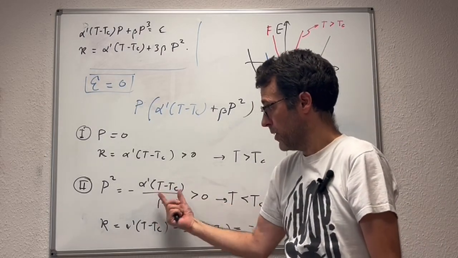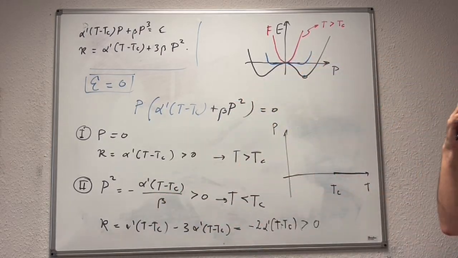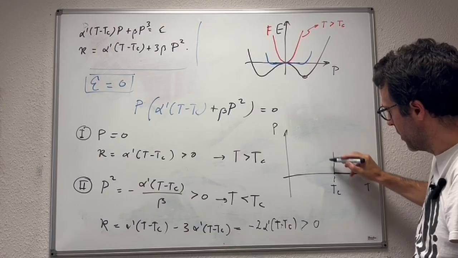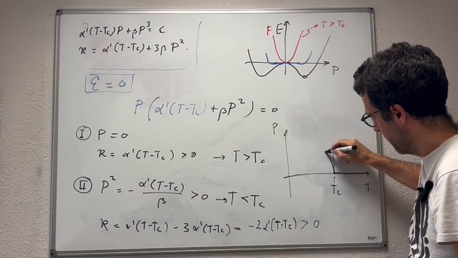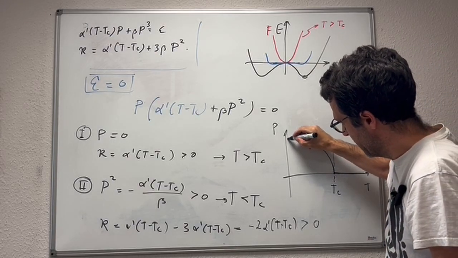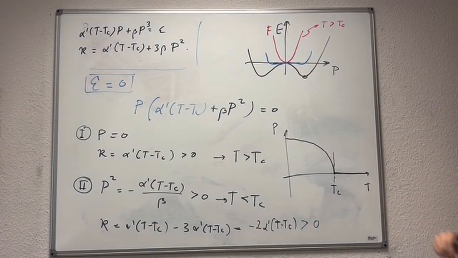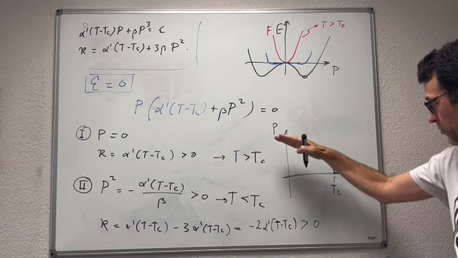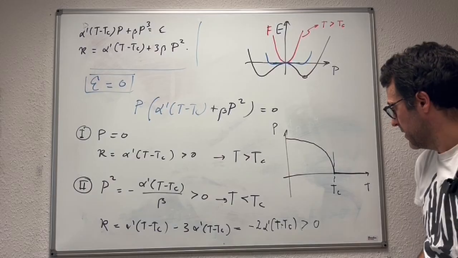So it goes with the square root of the difference in temperatures, and it has an interesting feature, which is that the slope here goes to infinity. We will look at this feature later, but it's going to look something like that. The only salient feature is the slope at which this comes in at Tc.